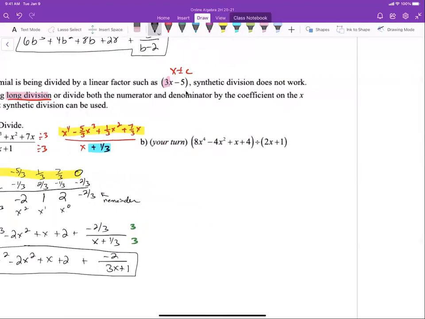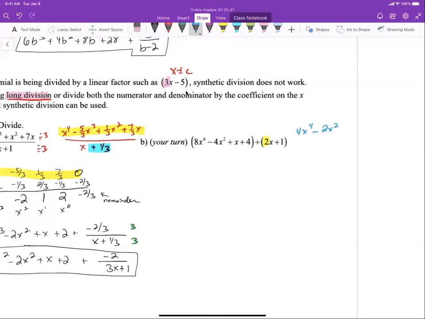Okay, welcome back. So now what I need to do is I'm going to have to get rid of this 2. I'm going to have to divide every single term on the numerator and the denominator by 2. So 8x to the 4th divided by 2 gives me 4x to the 4th. Then negative 4x squared divided by 2 gives me 2x squared.